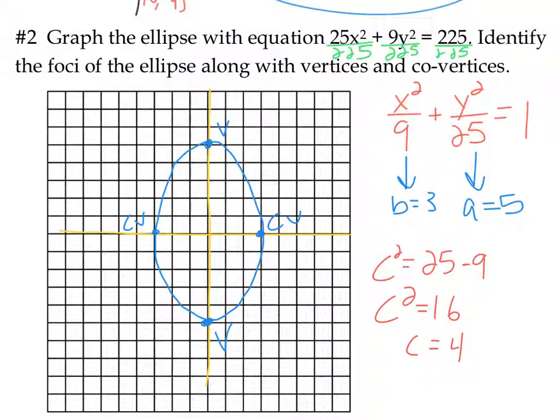So my focus will be right there and right there, a distance of 4 from the center. So I've got my graph drawn, my foci labeled, my vertices labeled, my co-vertices labeled, and I'm good to go. Remember, though, we have to get it set equal to 1 if it isn't already.